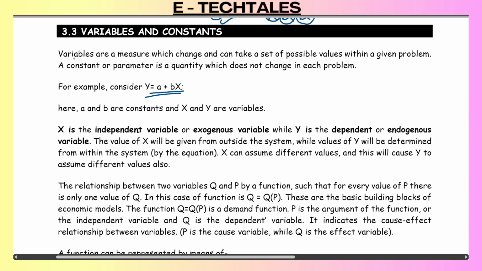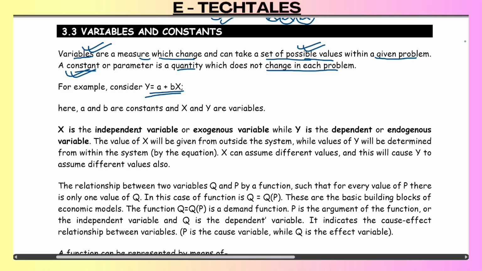Here, the variables are measured, they change, and can take a set of possible values within a given problem. A constant is a parameter or a quantity that does not change in any problem. So a constant remains fixed throughout, and variables change, with the set of possible values available as per the given problem.